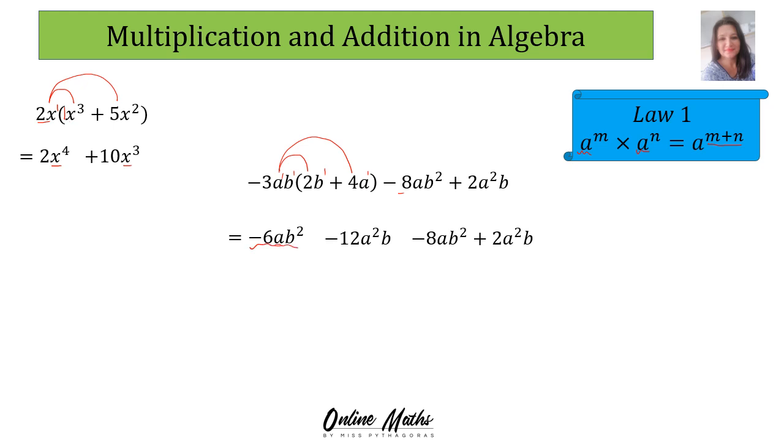There's another one, minus 8ab squared. They are like terms, so we can add them. Therefore, it's minus 14ab squared. And in terms of the a squared b, there's minus 12a squared b plus 2a squared b, which is negative 10a squared b. And now you cannot add them. That's where you stop. They're not like terms.